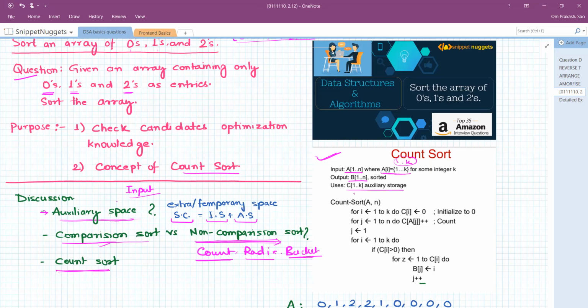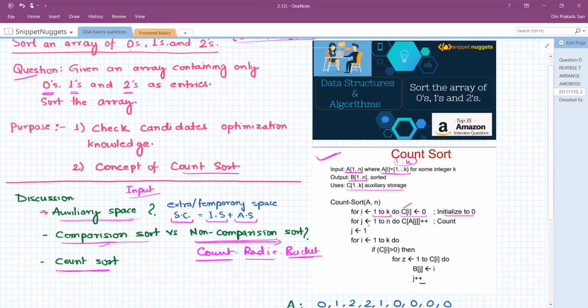Okay, let us see the algorithm. So for i from 1 to k, for all the types of elements there can be, we will create an array C. That will be an auxiliary array, and we will initialize all the counts to 0 initially.